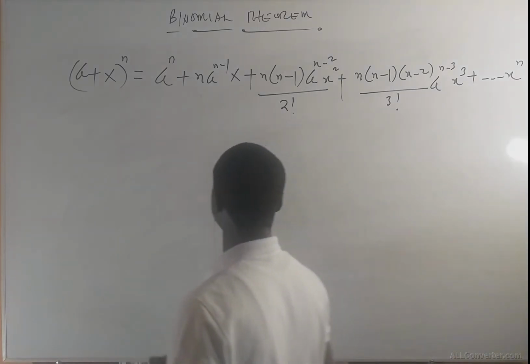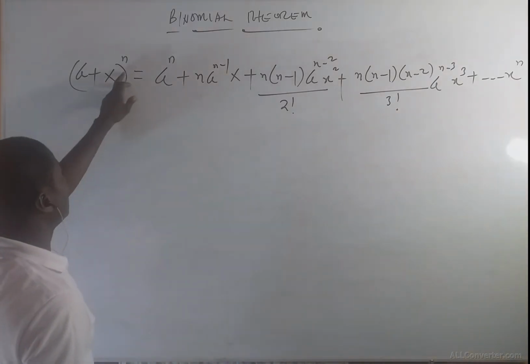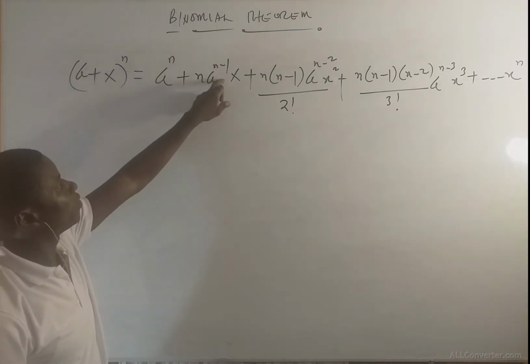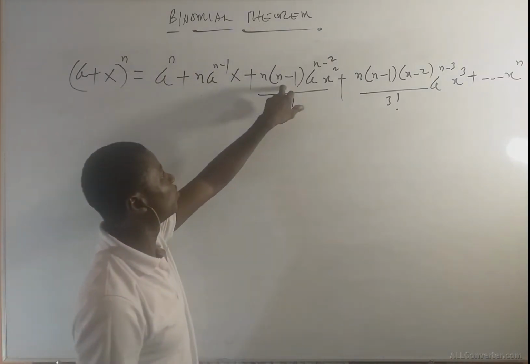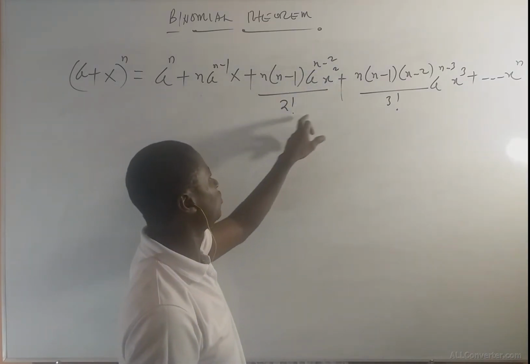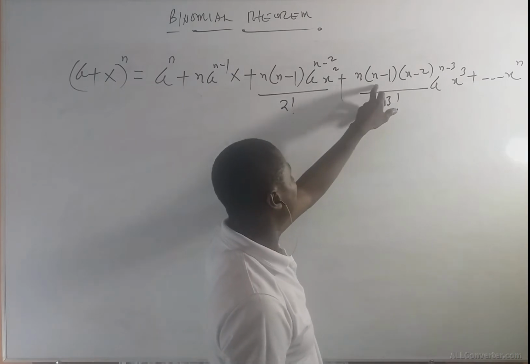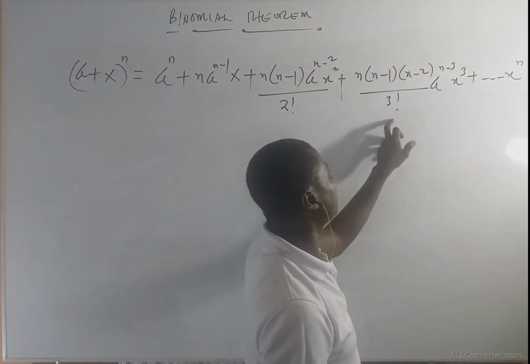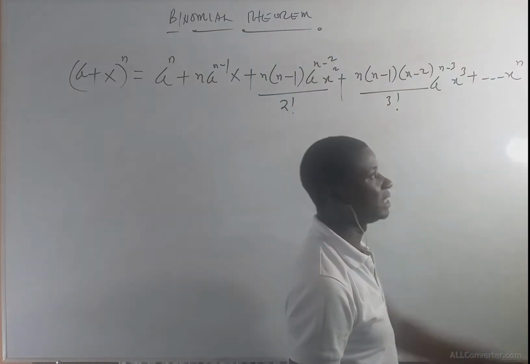So take note of this. (a + x)^n is the same as a^n + n a^(n-1) x + n(n-1) a^(n-2) x^2 over 2 factorial + n(n-1)(n-2) a^(n-3) x^3 over 3 factorial, up to x^n.